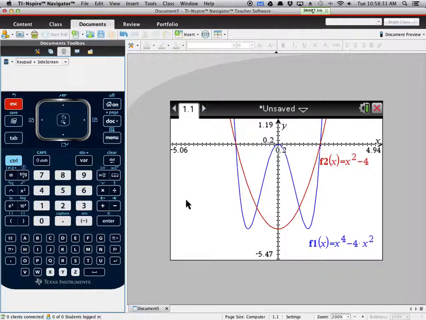Okay, so let's make some observations about this to make it as easy and efficient as possible to do with my calculator. What do you guys notice? There's 3 regions.